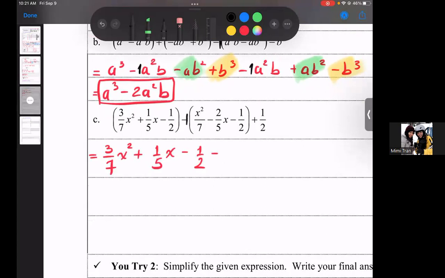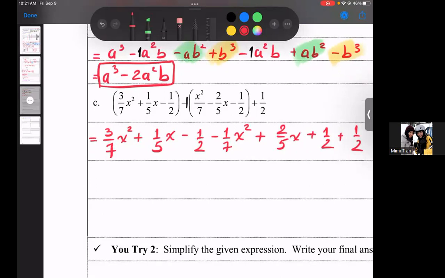So for x squared over 7, what should I write? Yes, -1/7 x squared, right? And then plus, because distributing -1 gives plus 2/5 x, and then plus 1/2, very good. And then plus the last 1/2.